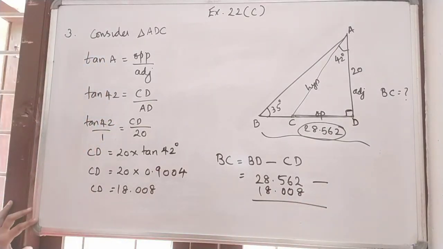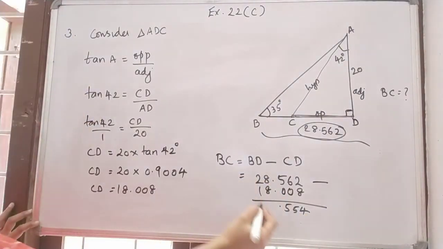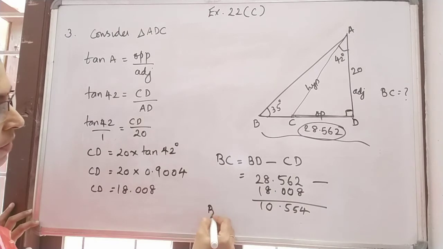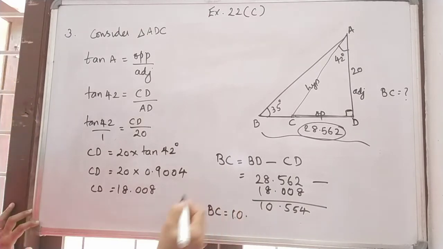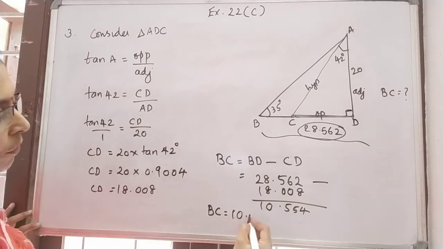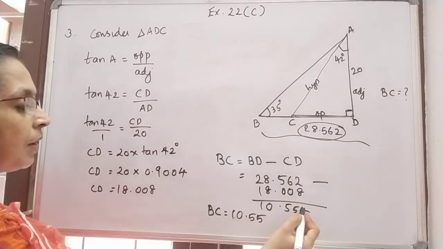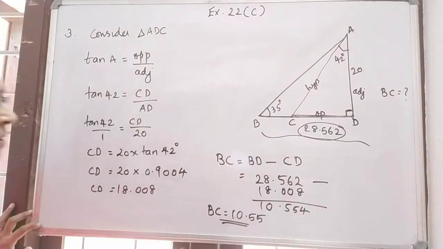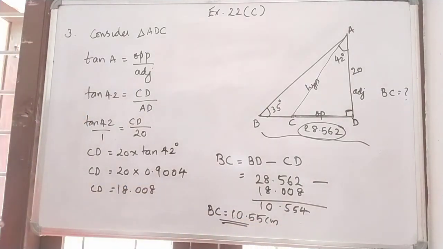Subtract, and you will get 10.554. Since the last digit 4 is less than 5, we can delete it. We can write BC is equal to 10.55 centimeters. Given all are in centimeters, we write centimeters. Okay.